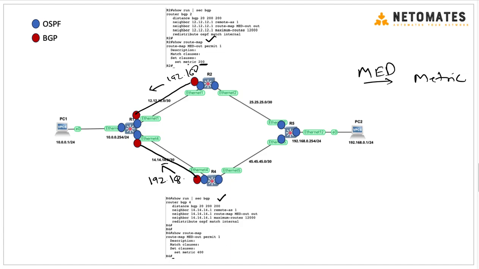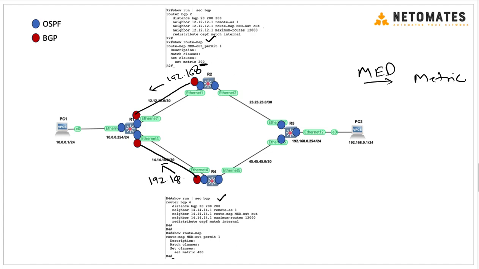How I am applying that is using a route map. In this route map, I have applied the metric as 200 on R2, when I advertise it to the neighbor 12.12.1, which is R1, in the outgoing direction.